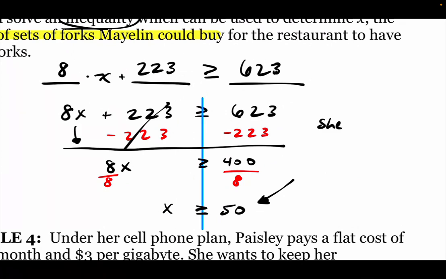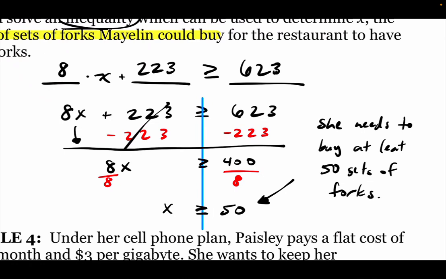There you go. She needs to buy, let's use the same words they used, at least 50 sets of forks. Boom. That makes sense. If you tell me that, oh, okay. But at least. She needs to buy at least 50 sets of forks.